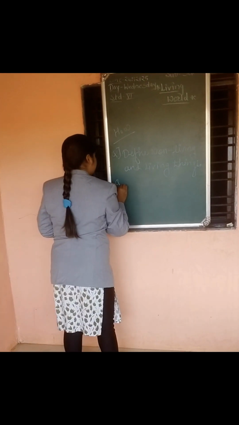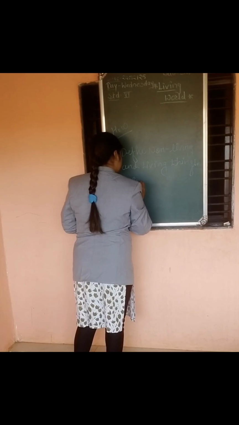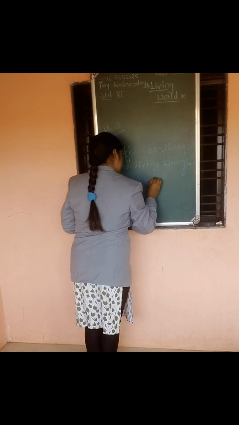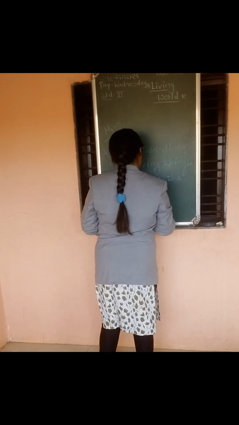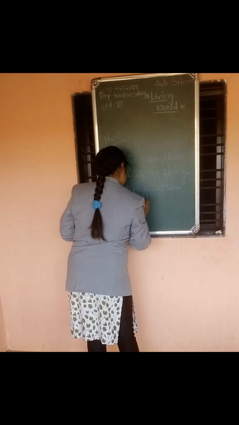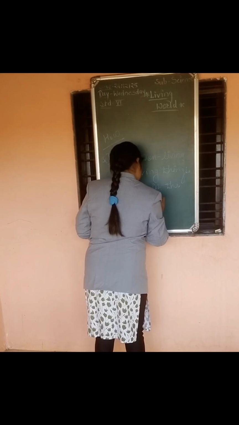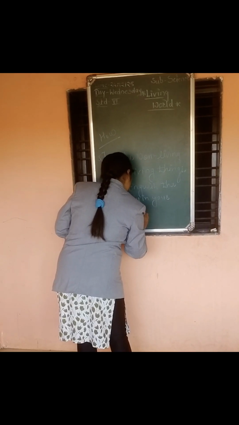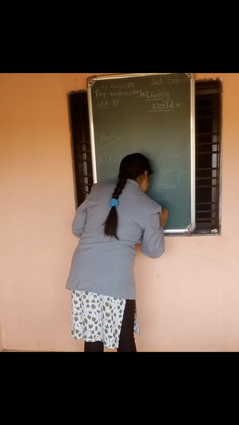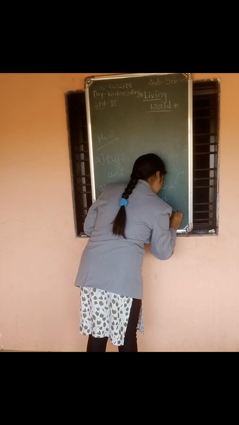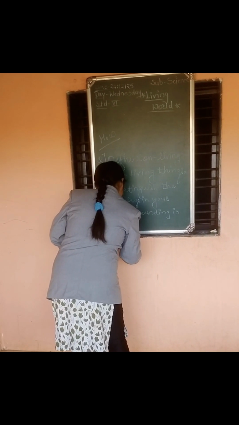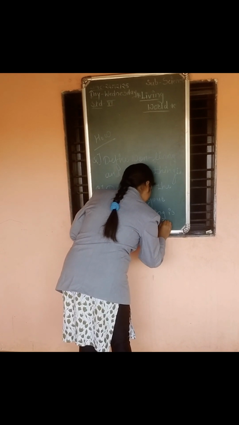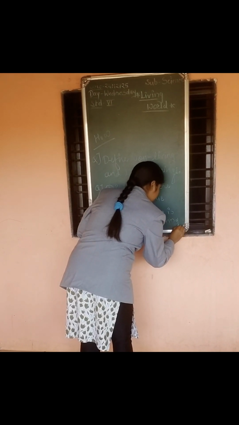Now the next question: distinguish the things in your surrounding which are living or non-living, okay? Write down in your notebook.